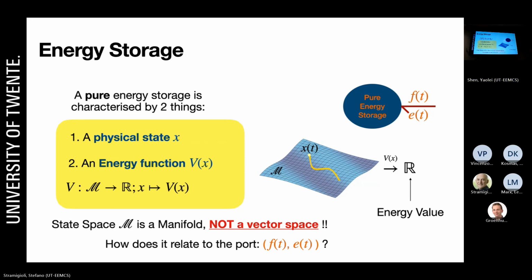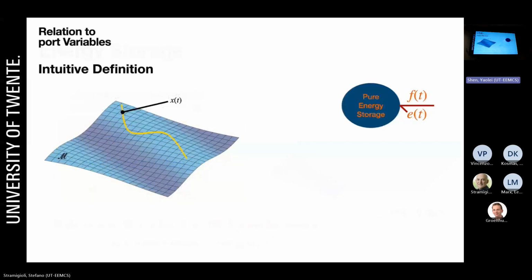Now, inside this storage the state may change. There is a motion of the points of this state space on the manifold. At a certain point in time, you are at a certain point, and you have a certain energy at that time.